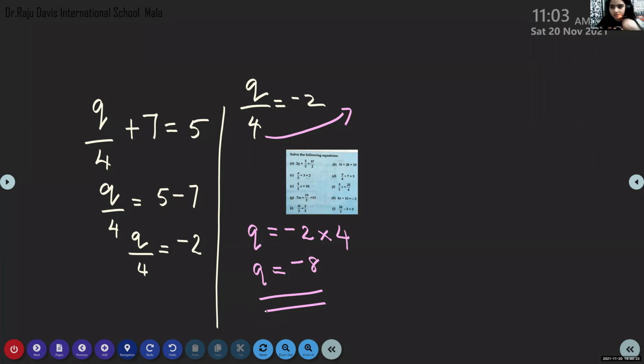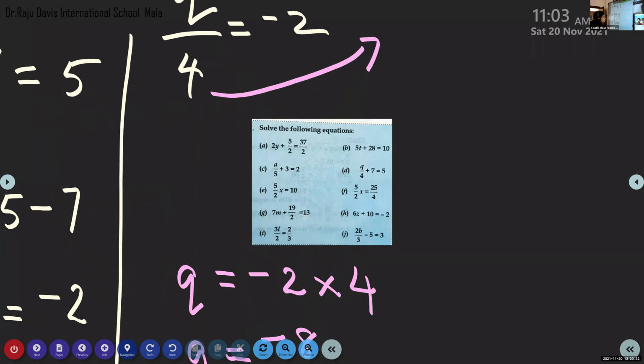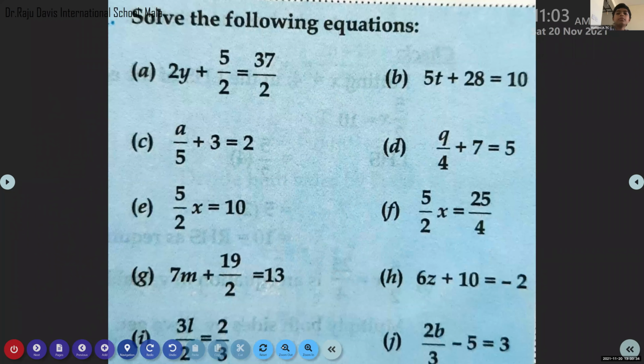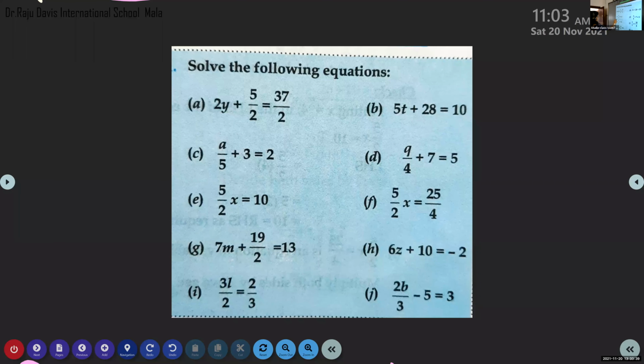Children, you do one thing. Remaining problems you copy and do it yourself. Today only this period is there for you. Write down these problems, take down the remaining problems. I think we have done this much. Remaining from E, F, G, H, I, J, you write these problems in your lecture note and do it yourself.